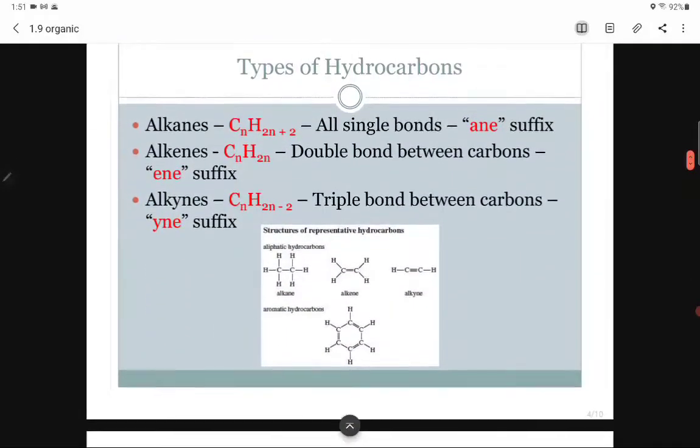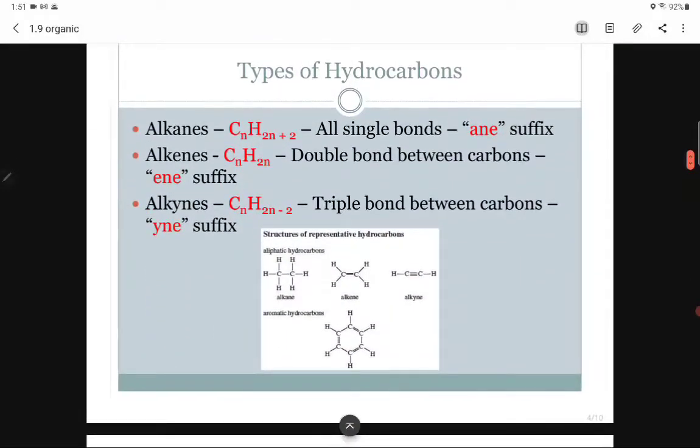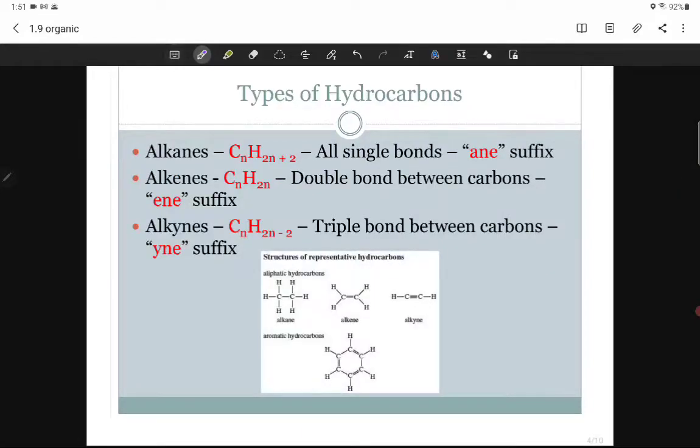Okay, so here are 3 of our suffixes. If you change the number of hydrogens that get attached to the carbons, then it could be an ane, it could be an ene, or it could be an ine. And you could memorize that little mathematical formula.